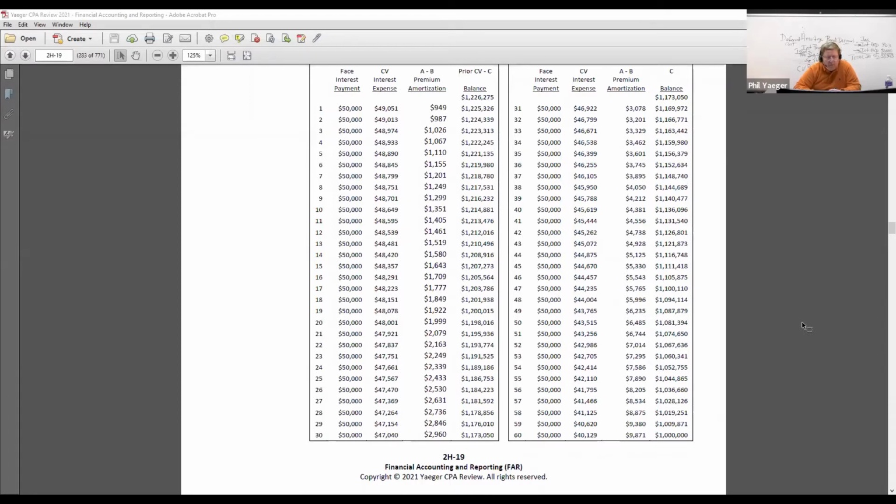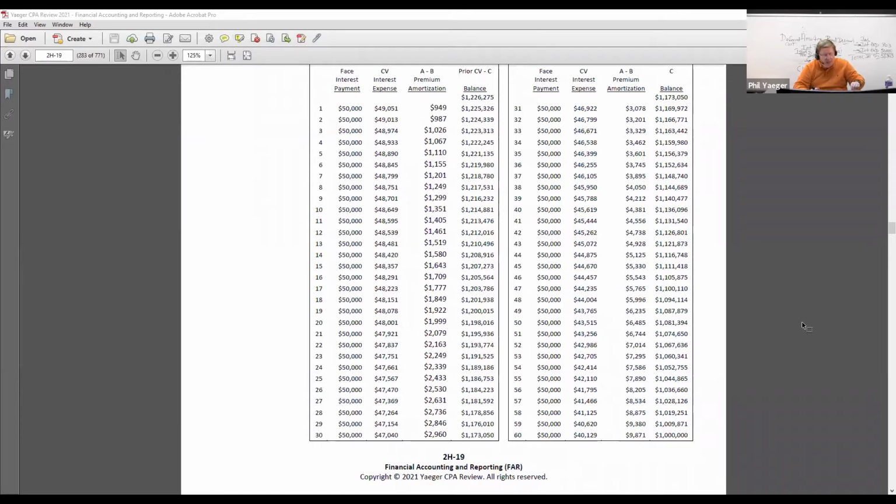And then the bond premium. This was issued at a premium. So when you amortize bond premium, by the way, the normal balance is a credit balance, right? So when you amortize bond premium, you debit bond premium for $949. You see that? And the premium amortization does what to the carrying value? Reduces it.